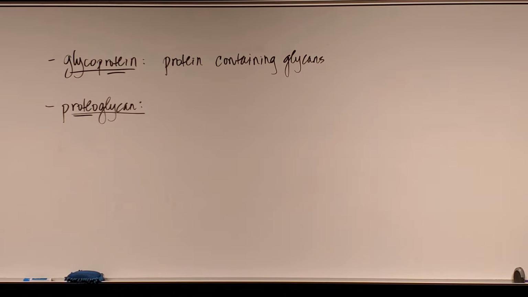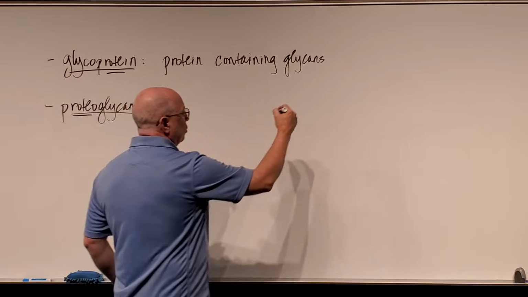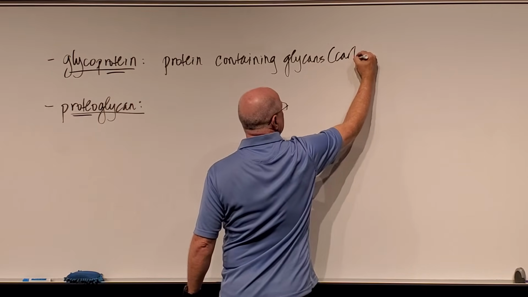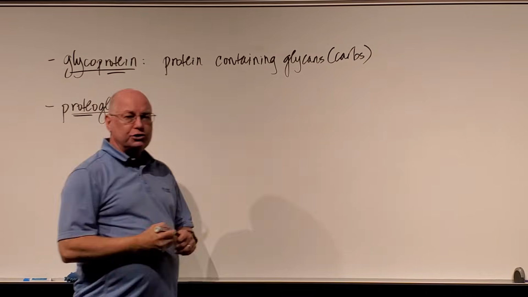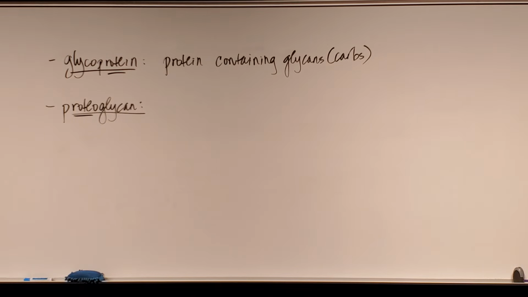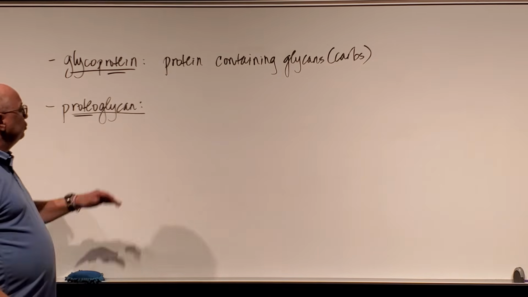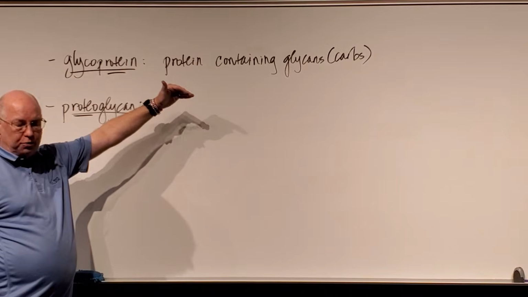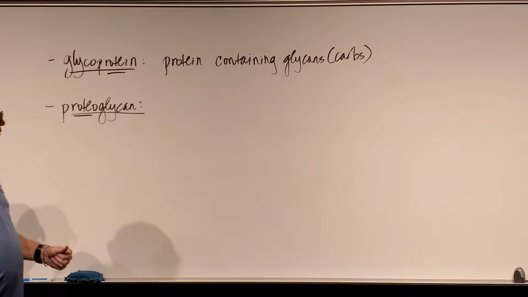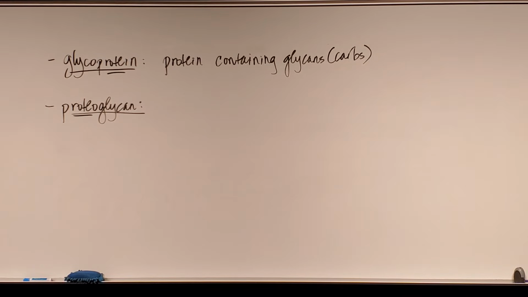That's why it's called a glycoprotein. But those glycans are carbohydrates that are associated with that protein in a chemical bond. So proteins that have sugars or carbohydrates are called glycoproteins.